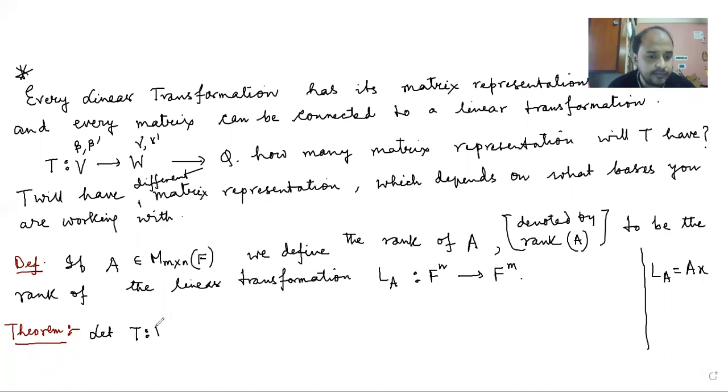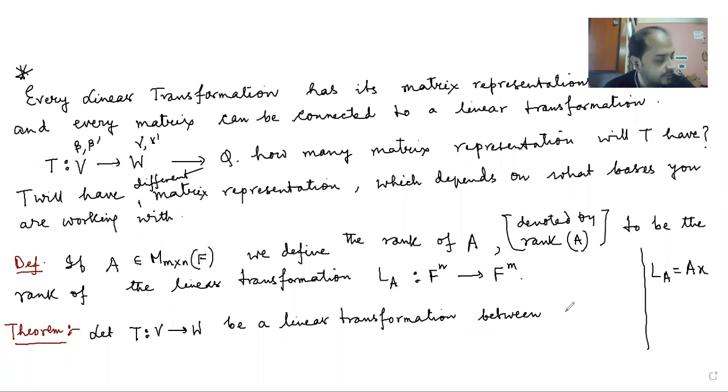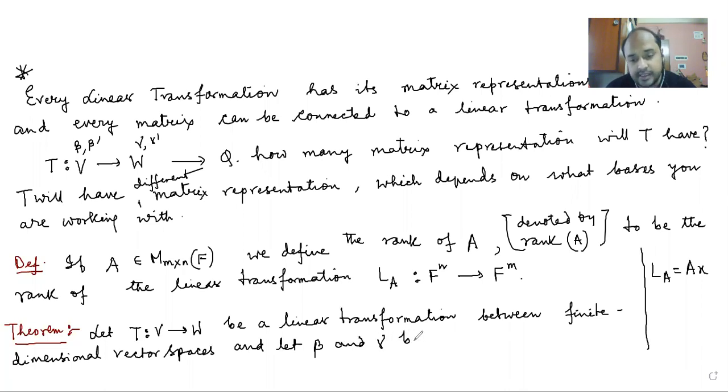Let T be a linear transformation from V to W between finite dimensional vector spaces, and let beta and gamma be ordered bases for V and W respectively.